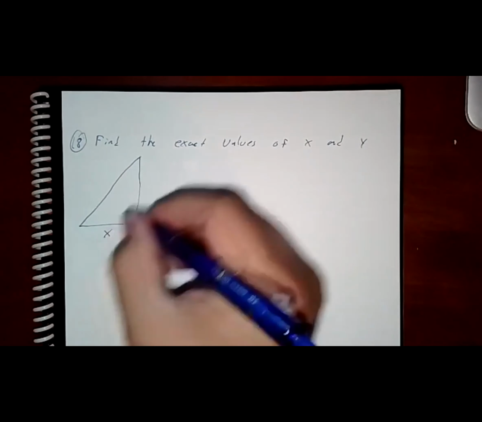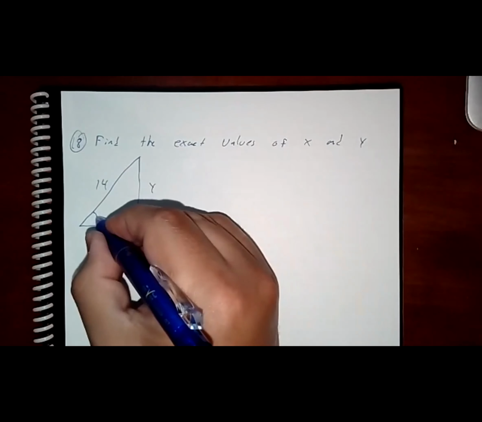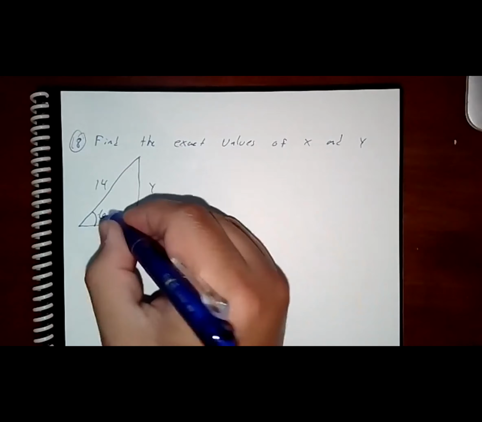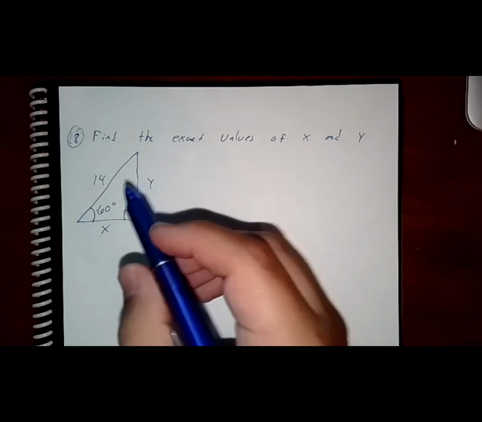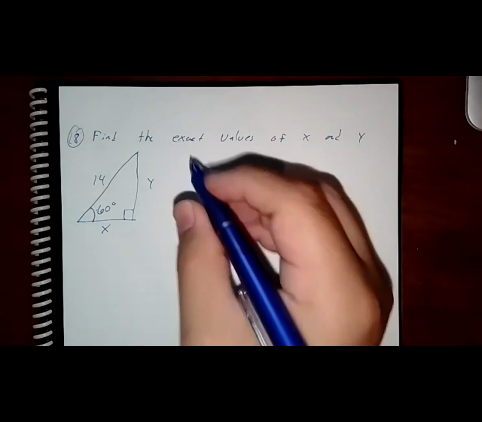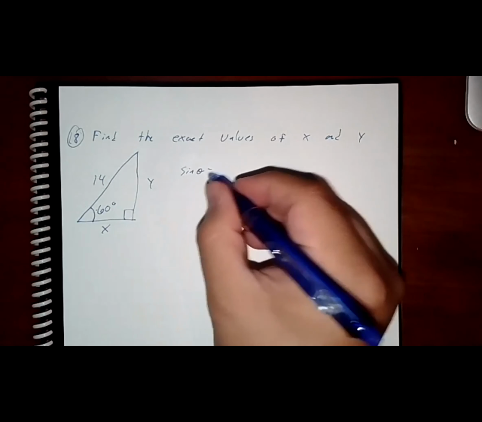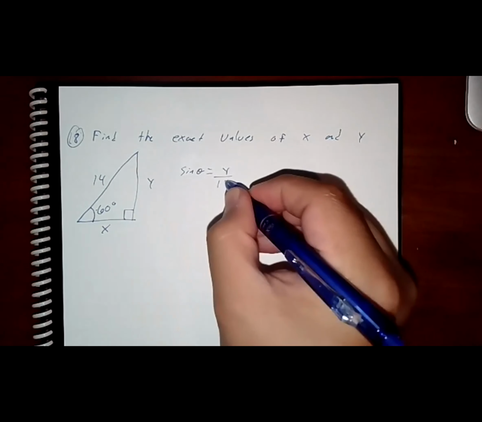So we have an X and a Y missing and a 14. They do give us this angle of 60 degrees though. So we need to use the trig functions to help us out. The definition of sine theta is opposite over hypotenuse.